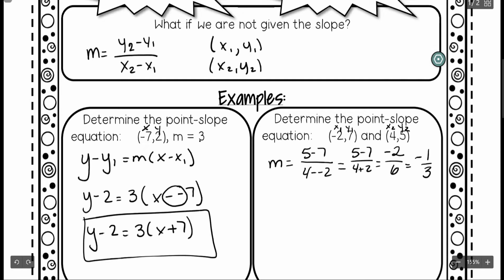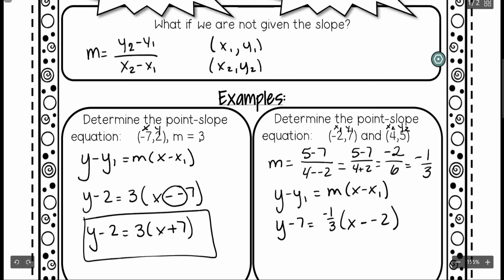Again, pick either ordered pair. It doesn't matter. You could do either one and they'd be the correct answer. So y minus y1 is equal to m parentheses x minus x1. So y minus 7 is equal to our slope -1/3 parentheses x minus 2.